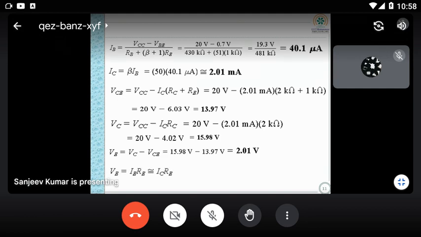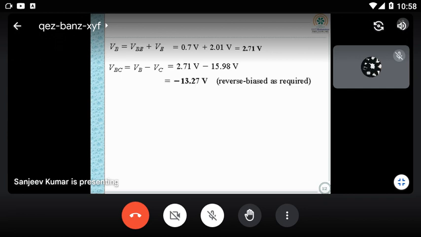VE is equal to IE RE, so you are getting 2.01 volt. Same thing, whatever approach you use, VE is equal to 2.01 volt. VB is equal to 2.71 volt. VCB is equal to VC minus VB. So you are getting a negative value, which means the collector junction is connected in reverse bias configuration.